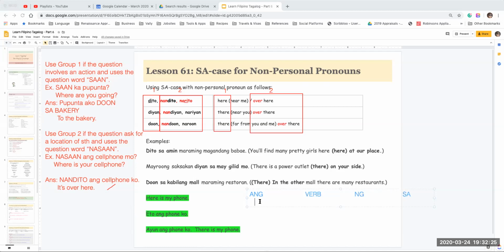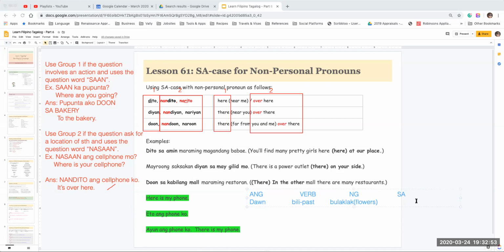I would say Don, and the verb "bili," and I want it in the past. The noun in the out-of-focus case is bulaklak.